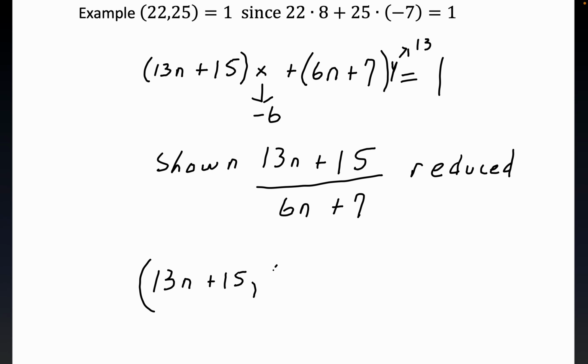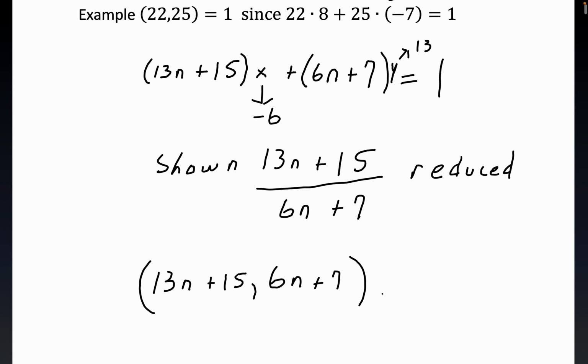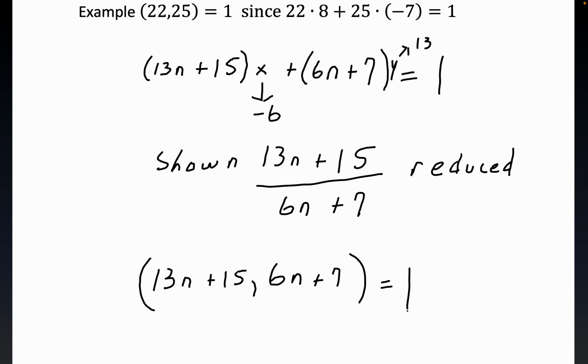So 6n plus 7, the greatest common factor of those two values, which are the numerator and denominator of the above fraction, have no common factors, right? In much the same way that 25 and 22 have no common factors, 13n plus 15 and 6n plus 7 have no common factors, which means this fraction is reduced, and that's what we set out to prove.